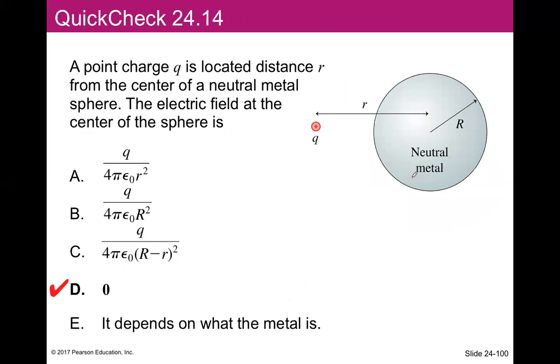In this example, inside this metal or conductor, the electric field should be zero no matter what the external electric field is. So that's screening. The conductor screens the electric field by the induced charge, so that inside the conductor, the electric field is zero.